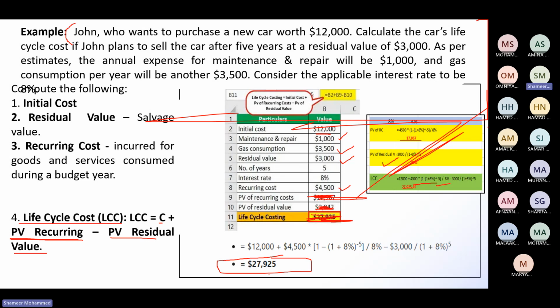So you need to calculate the planned value of recurring cost and the planned value of residual value. Then finally, you substitute them in this formula. Then you will get the answer, and this is the life cycle cost. Such a type of question you may get, students.